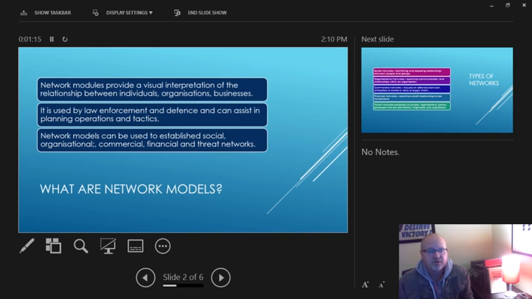And so through doing social network modeling, we get that visual representation of the specific network in question. And we can also look at those links that put those individuals or organizations together as well, which is a bit more of a link analysis, which I'll come to as we go through. So essentially, as I said, they're a visual representation of the way that we can look at the relationships between organizations.